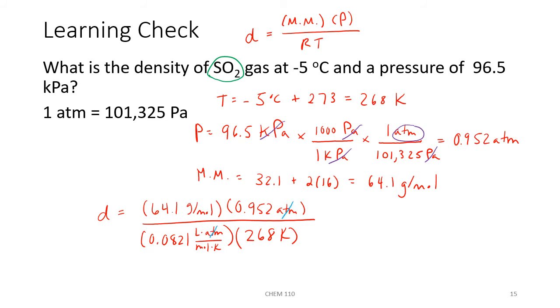Our atmospheres will cancel, our Kelvin will cancel, our moles will cancel, and what we're left with is grams over liters, which is the typical units for the density of a gas. And so our density for this gas should come out to about 2.77 grams per liter.